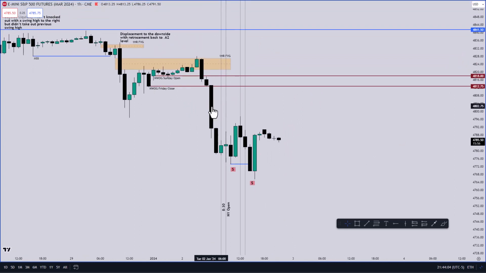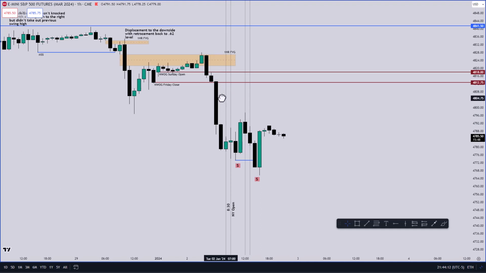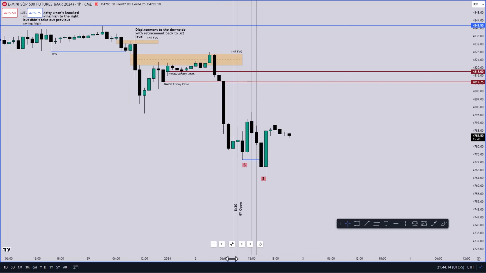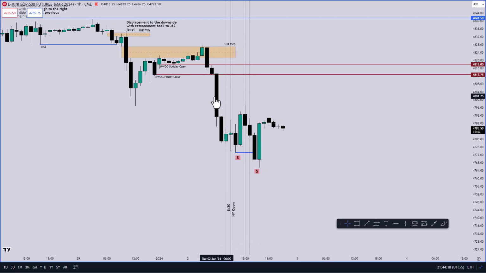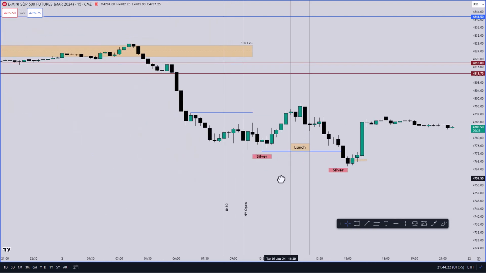So starting Tuesday, which is today, the 2nd, I already had a bearish outlook for it. Nothing on the daily or weekly for me to be high probability, but I started the day off with a bearish mentality. We'll drop down to the 15-minute time frame.